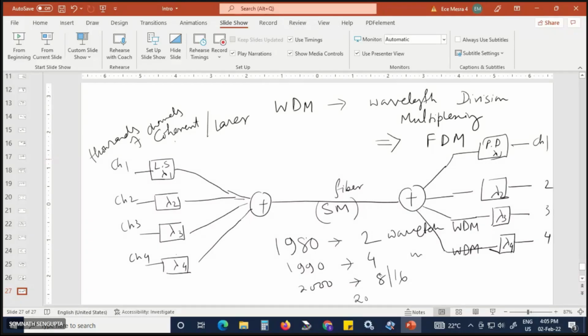Nowadays nearly the whole world is using nearly 120 wavelengths. You see on the internet that nowadays this WDM is called DWDM, dense wavelength division multiplexing, dense WDM. So more than about 120 wavelengths are capable of handling data transmission throughout the globe.